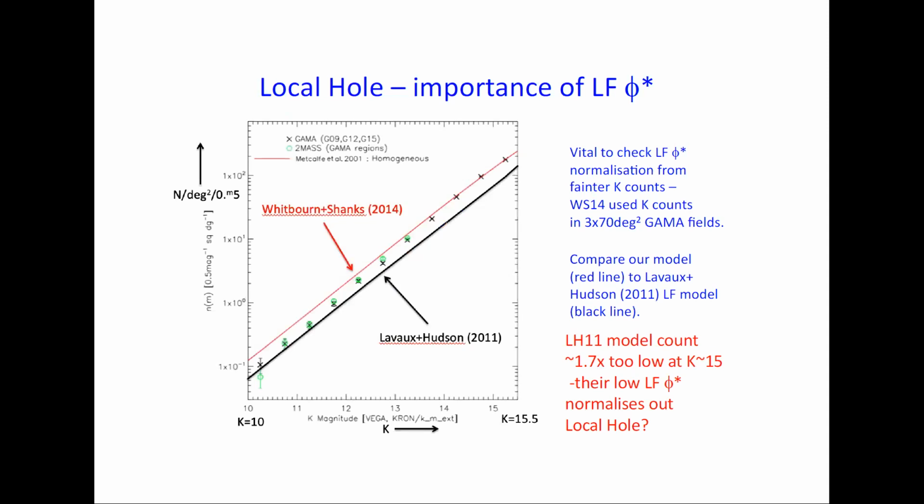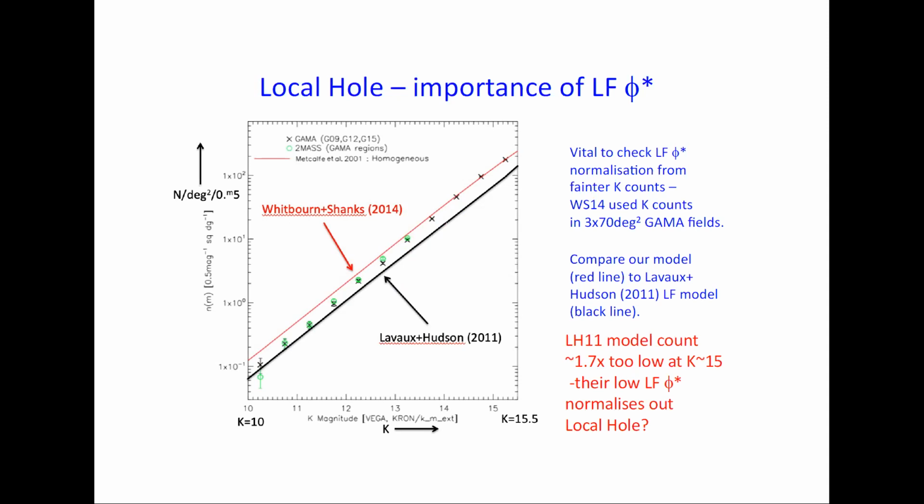So the idea is that they use just the local volume to estimate their luminosity function. And of course, therefore, by definition, it's going to fit perfectly.